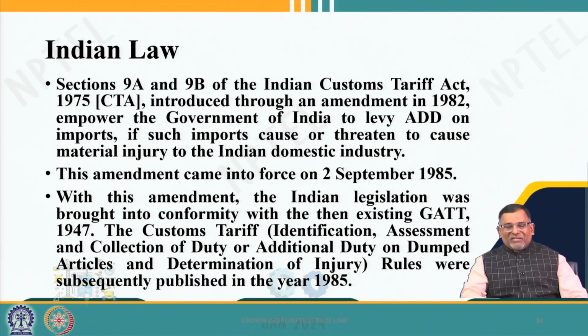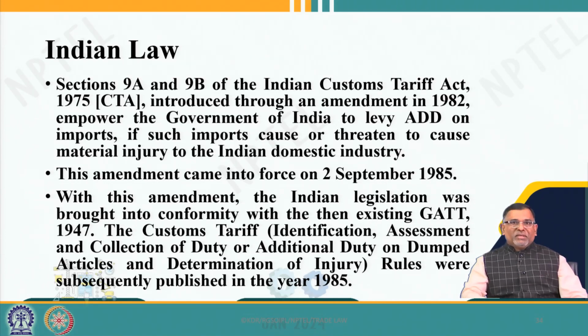You can see the period: 1982, India started anti-dumping investigations or included the provisions. It means that during, or much before, the Tokyo Round of negotiations, India included anti-dumping provisions in order to protect the Indian domestic industry.